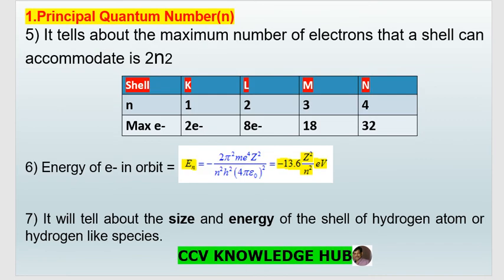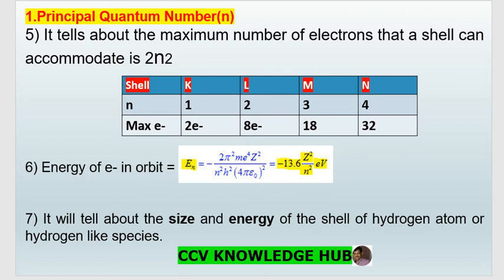Let's see other points related to principal quantum number. If you want to know the maximum number of electrons in a shell, we can find it by using the 2n square formula. For the K shell, if you substitute 1 in 2n square, 2 into 1 square, so 2 electrons are available.